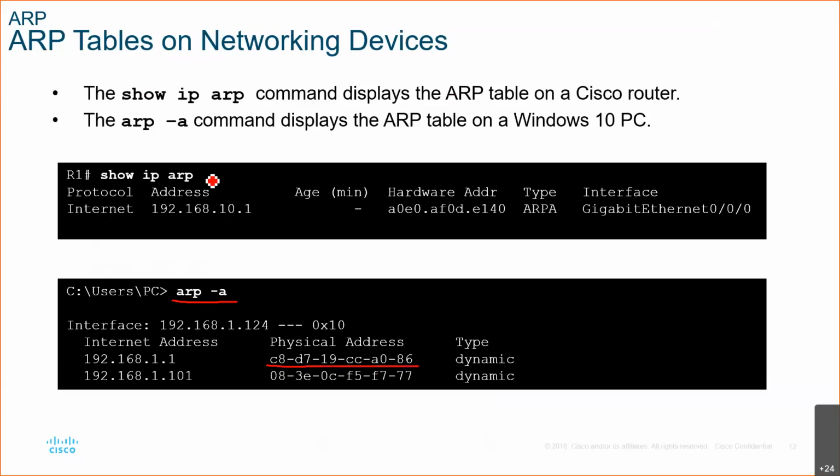In the router itself also, you can say show ip arp. And then it tells you what is your IP address and the corresponding MAC address. So these are actually very powerful commands.